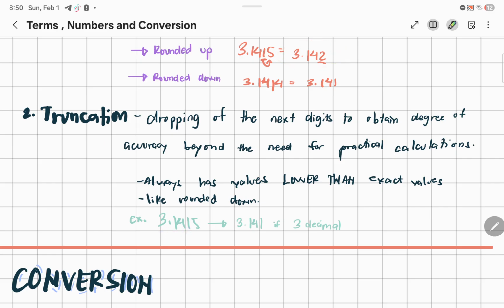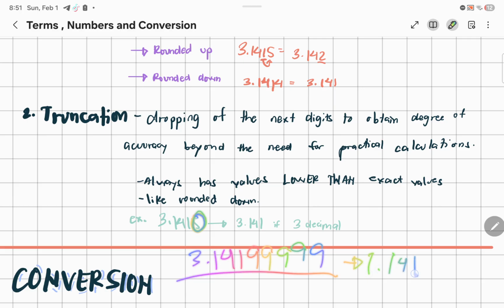However, in truncation, no matter how high the next number gets, even if you have 1.141999 and you want 3 decimal places, it will still be 1.141.